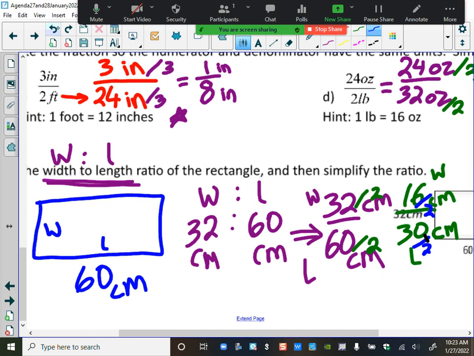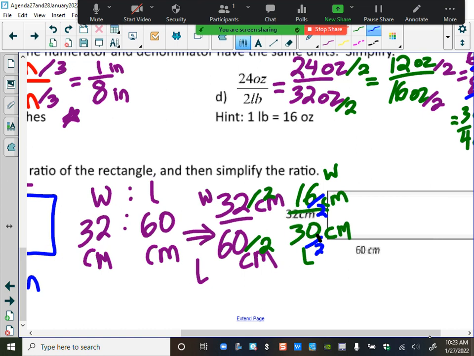So divide both of them by 2. 16 over 30 becomes 8 centimeters. Now, is the 8 the width or the length? What was the top number? That's the width, okay. And what about the 15?